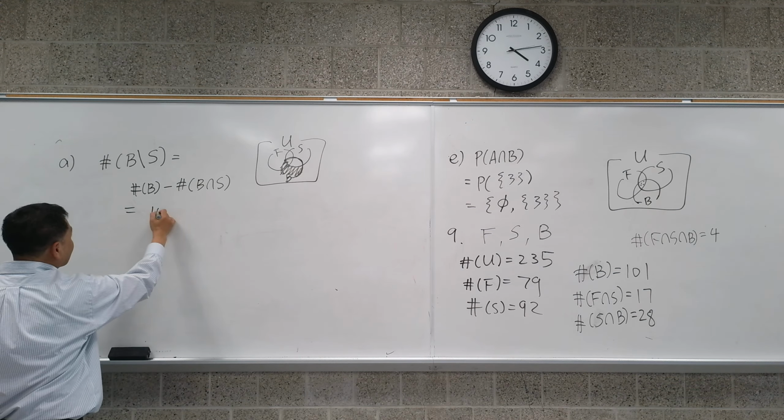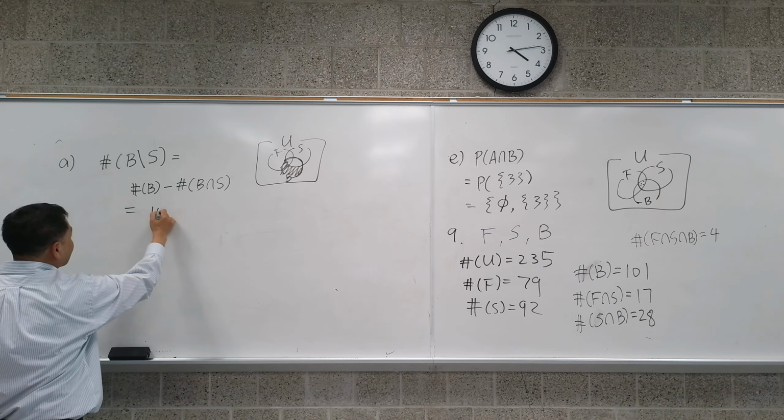Okay. B, find the number of students that are in the football team or the soccer team. So it's the number of people in the football team or the soccer team. Now in that case, you have football and soccer, and you want to know the total, right? Now how do you get such a thing? This would be the number of people in football plus the number of people in soccer.